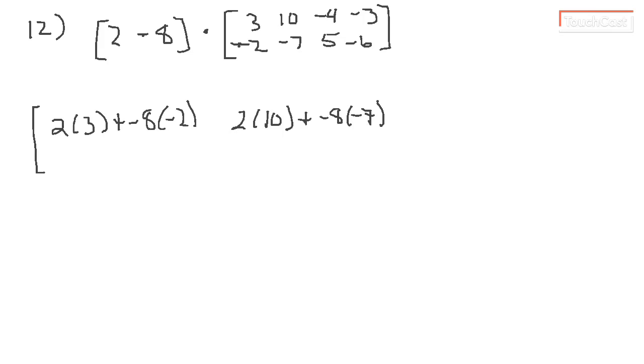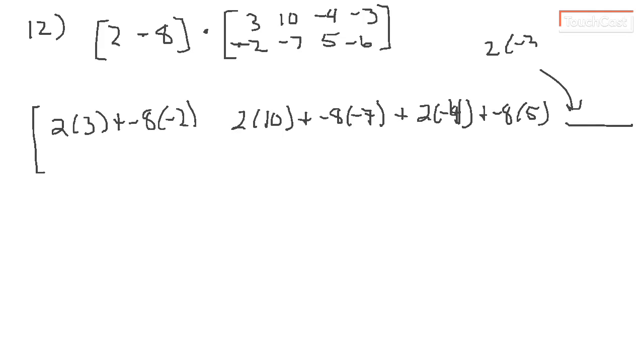And then the next element is going to be 2 times -4 plus -8 times 5. I'm going to run out of space, so I'm going to just put a line here with an arrow. The last element is going to be 2 times -3 plus -8 times -6.